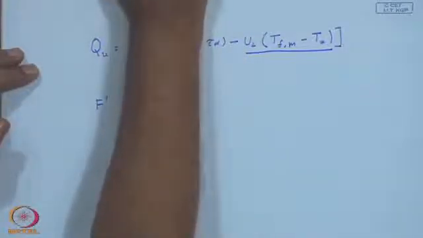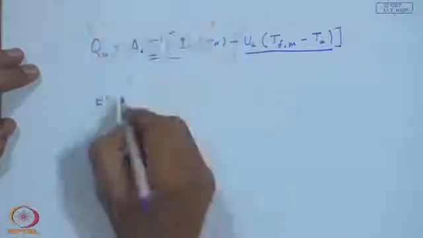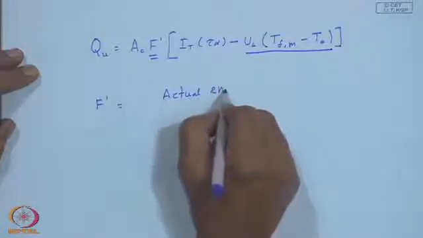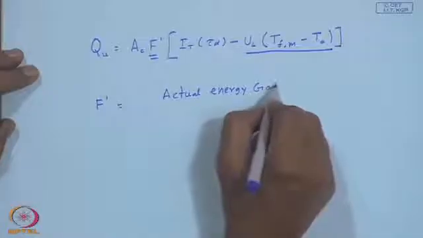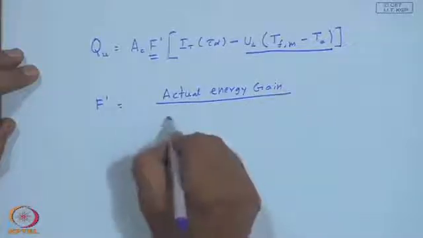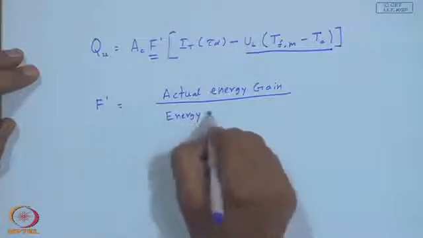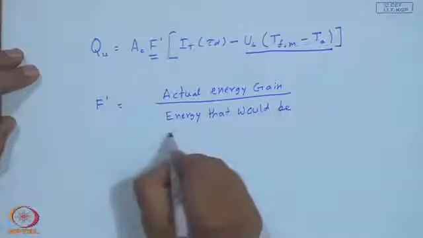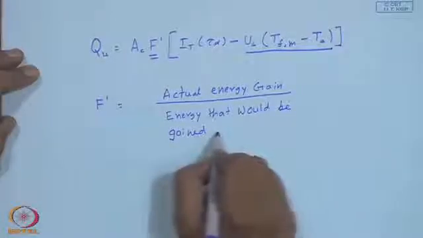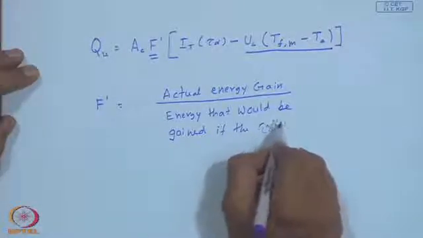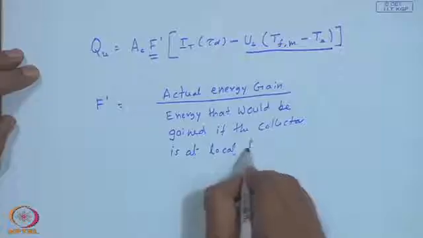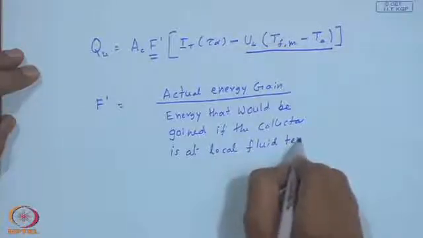And further, this T f m, F dash is the actual energy gain divided by the energy that would be gained if the collector is at local fluid temperature.